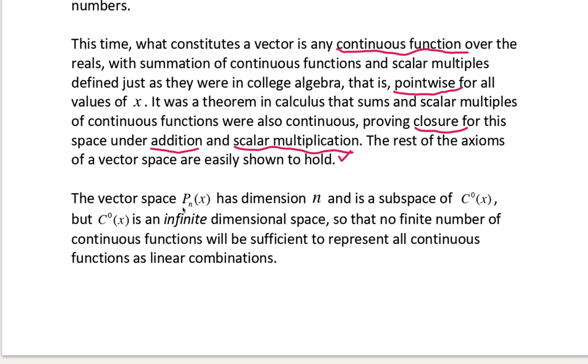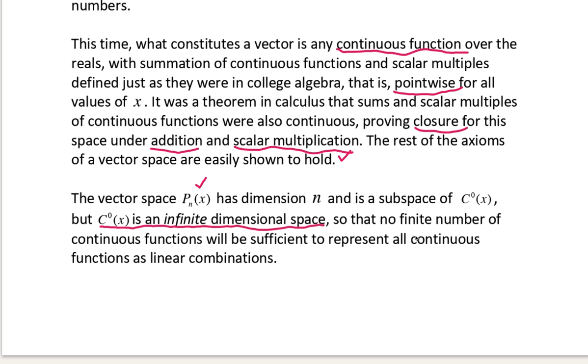Let's go back just for a second here. The vector space p sub n of x has dimension n, right? But every polynomial is continuous everywhere, so that's actually a subspace of C naught of x. So that's a subspace. What is the dimension of C sub 0 of x? If you think about it here, it's going to be infinite dimensional.